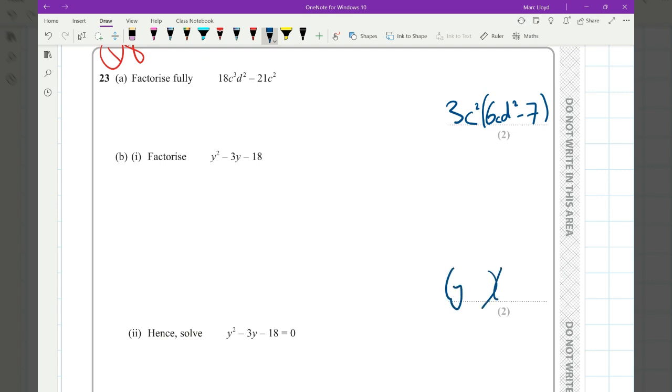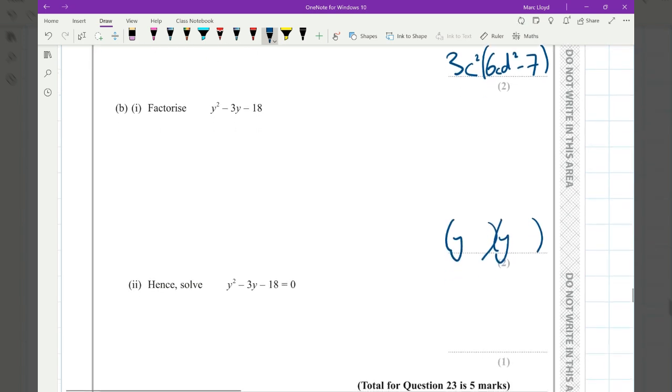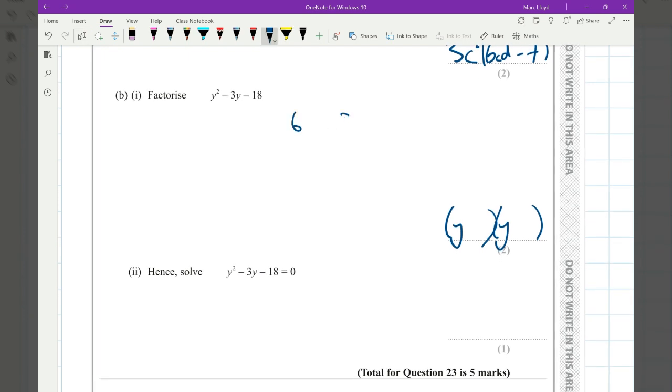Factorize. Another quadratic. Two numbers that multiply to make 18, but combine to make negative 3. 6 and 3, they have a difference of 3. Which one's going to be the negative? Because we want them to be negative when we add them, the bigger number will be the negative.